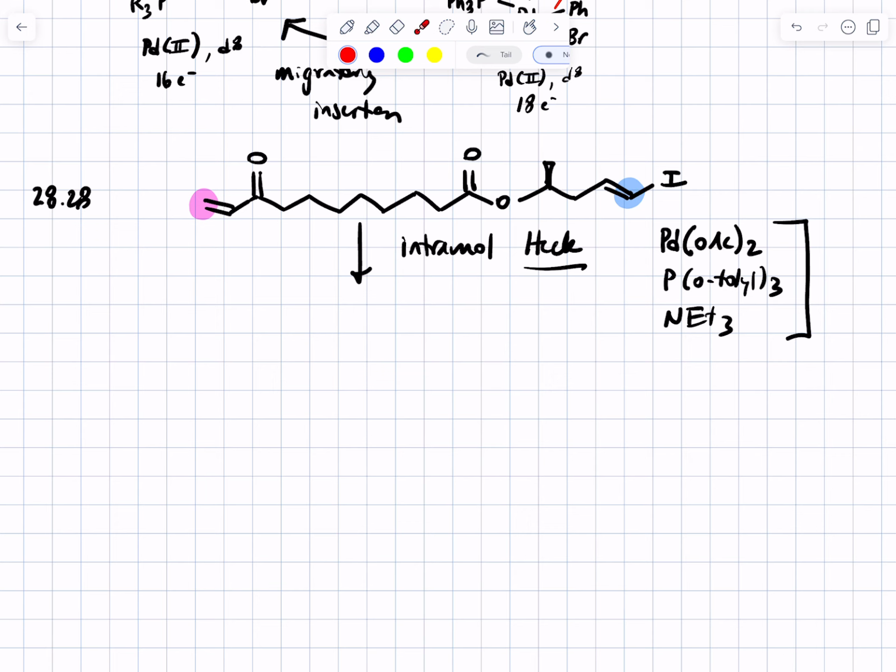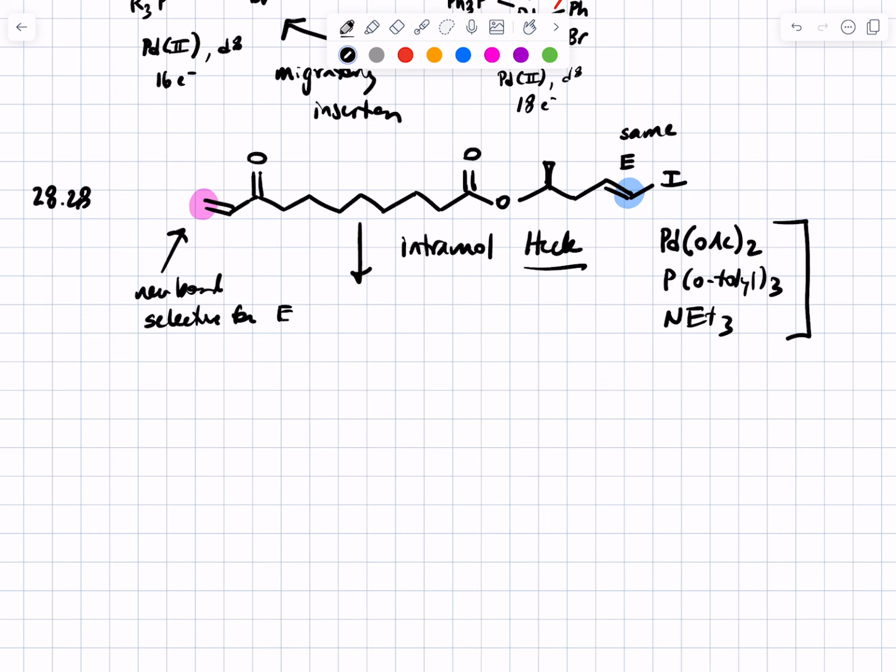So we literally just want to make a new bond between those two carbons. We said that the stereochemistry over here, which is E, is going to be preserved. It's going to stay the same. When we make a new bond over here, the stereochemistry is going to be selective for E.